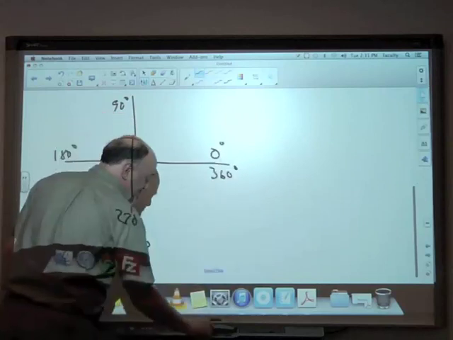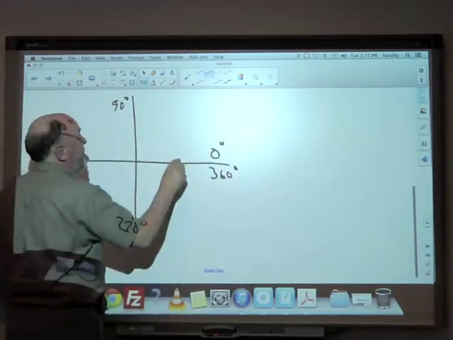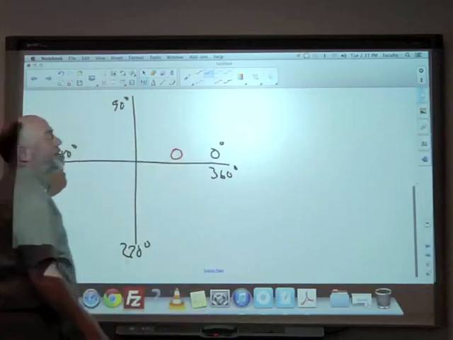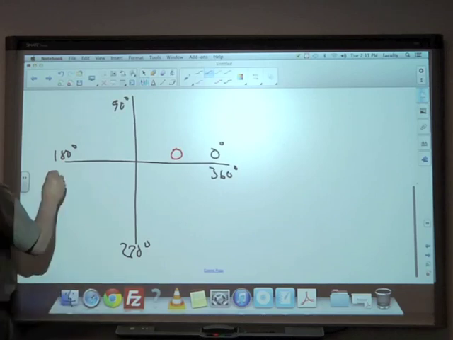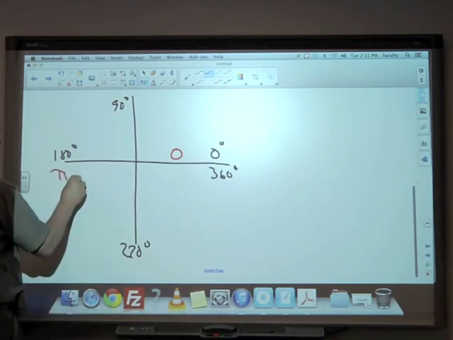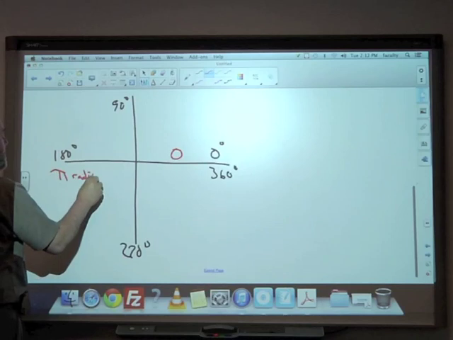Well, 0 degrees is going to be 0 radians. 180 degrees is going to be pi radians.